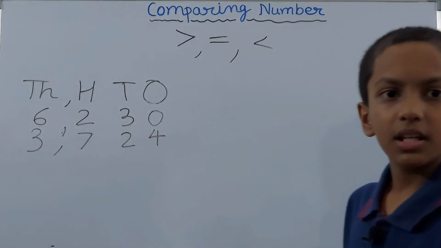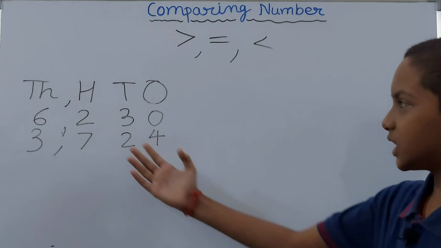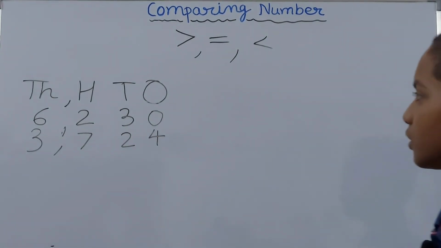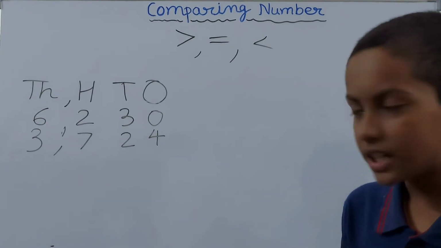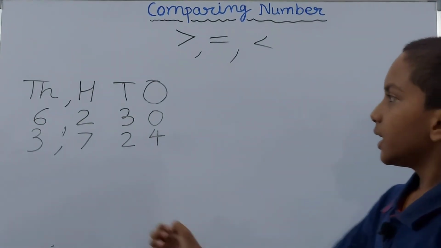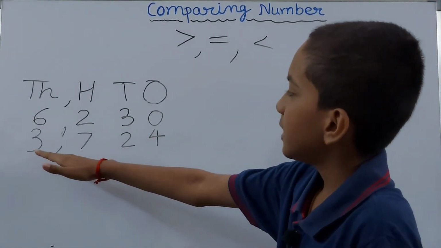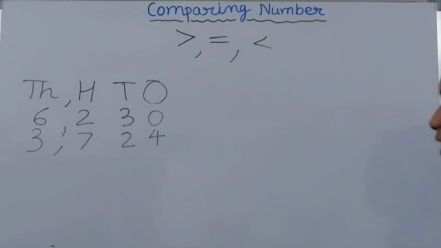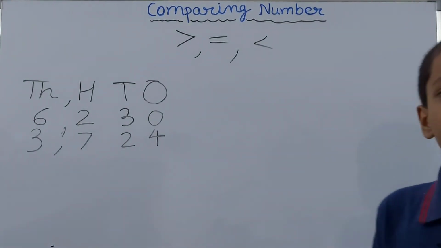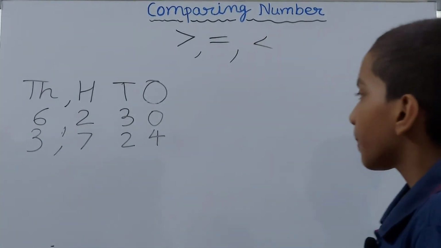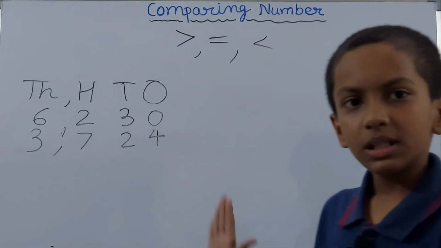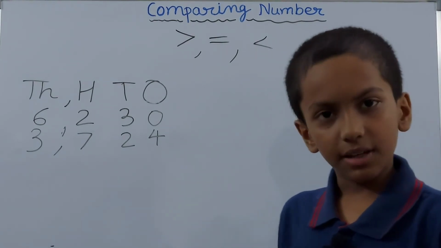So friends, now I have got some numbers in the thousands place also. So you see, this is 6230 and the other number is 3724. So now we have to compare these two numbers. First, always compare the digits from the left side.